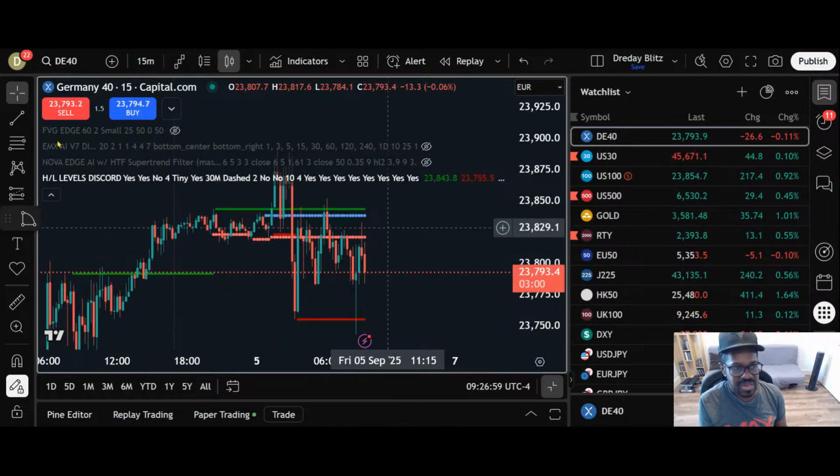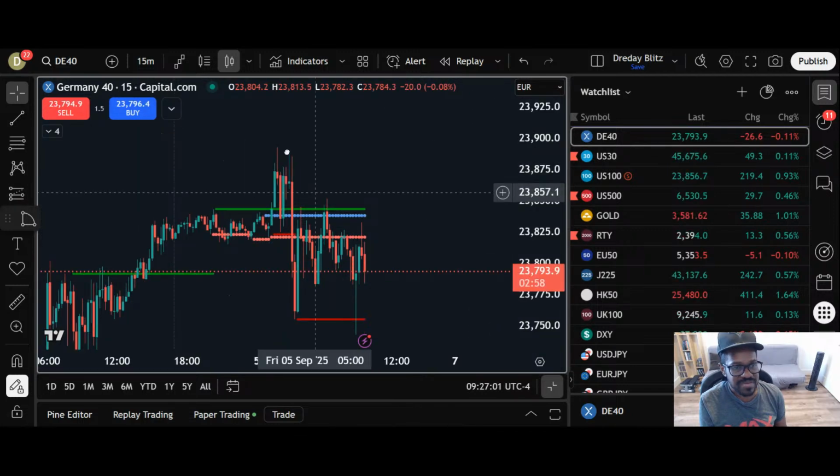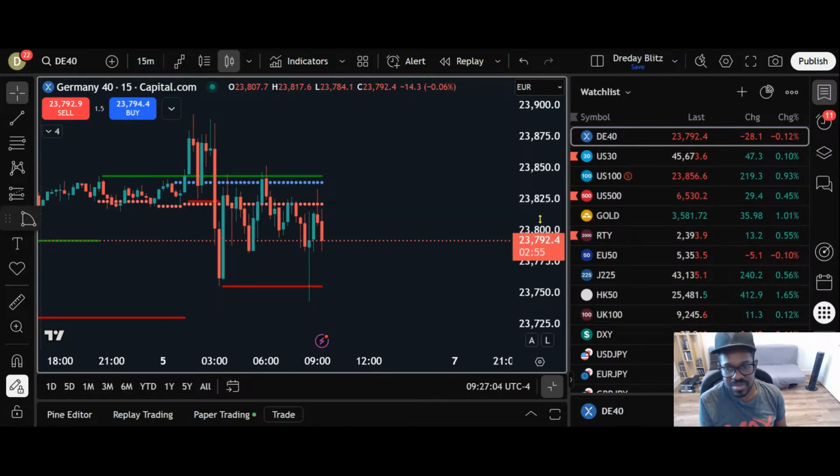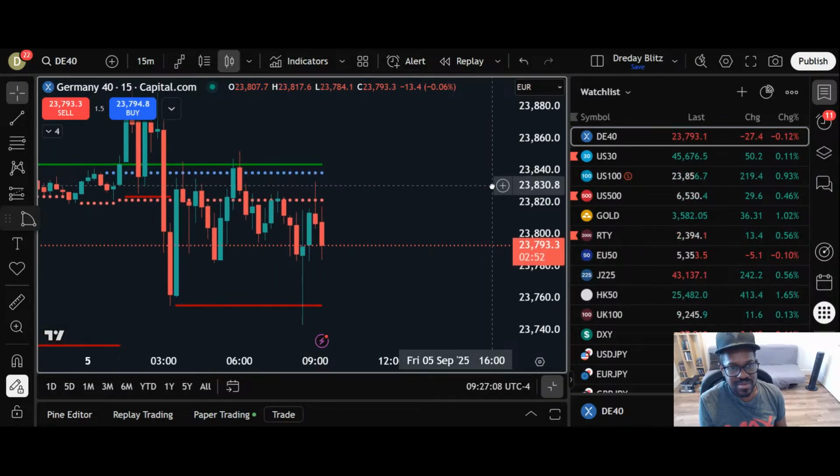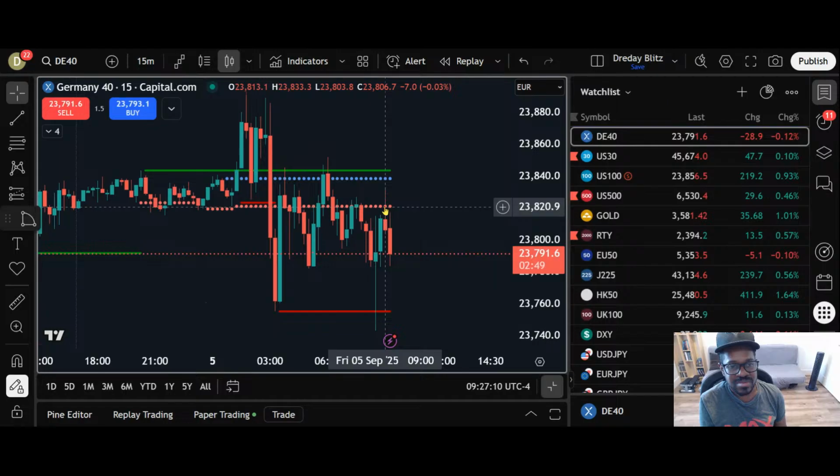I open up the current time frame levels with the higher time frame level, so it's bouncing off of those two levels here.